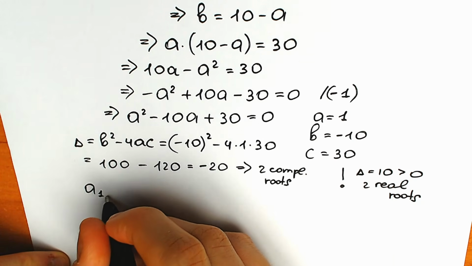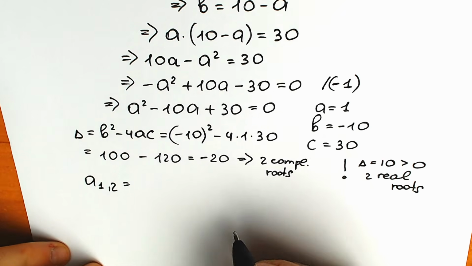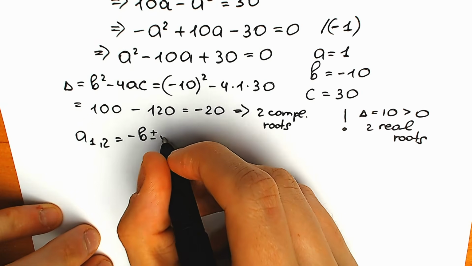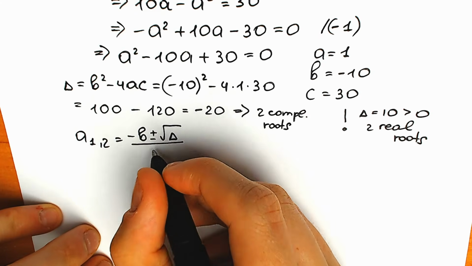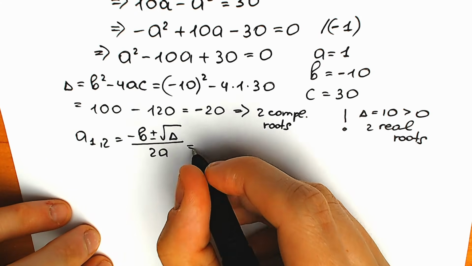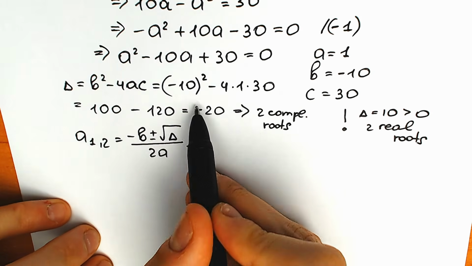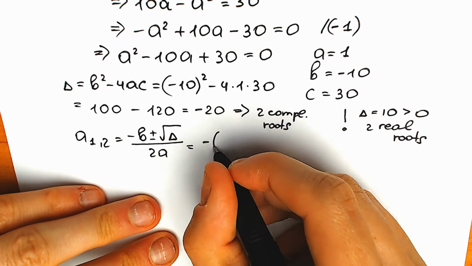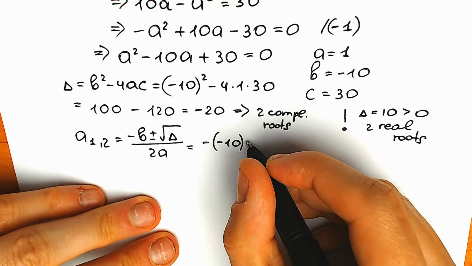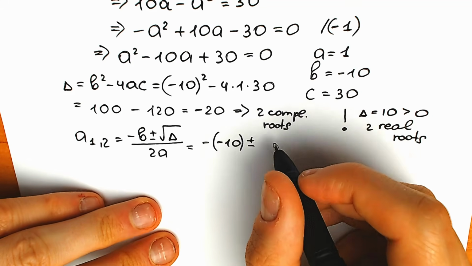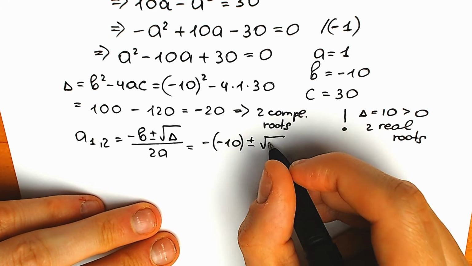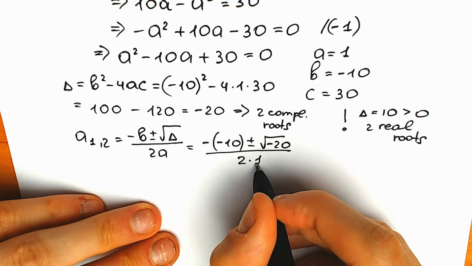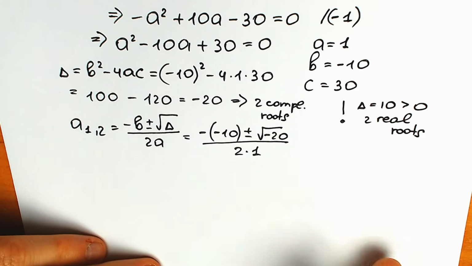So a first and second equal to minus b plus minus the square root of the discriminant, all over 2a. The well-known formula, and let's plug in. We know the discriminant, we know b, and we know a. So minus b is 10, plus minus the square root of minus 20, all over 2 times 1.